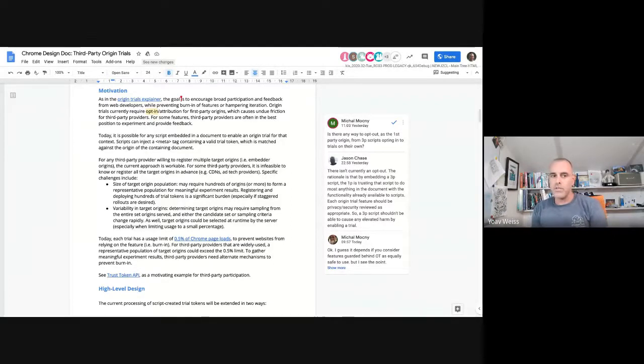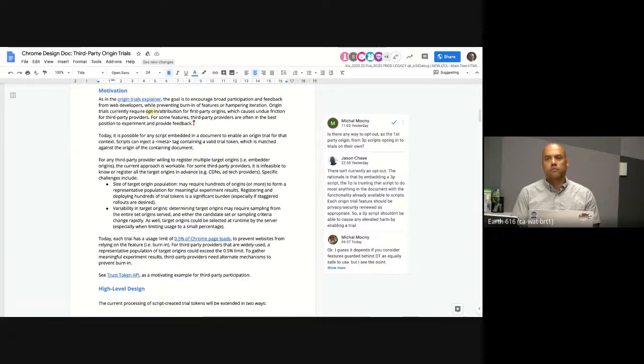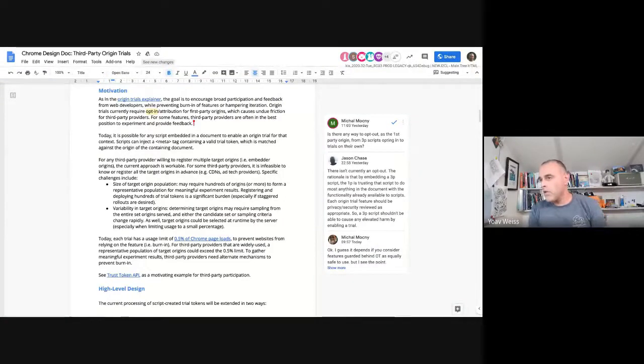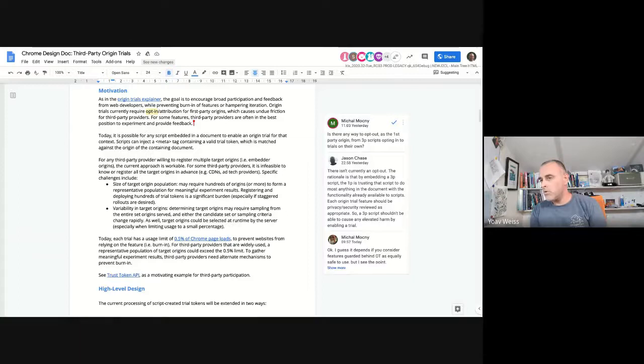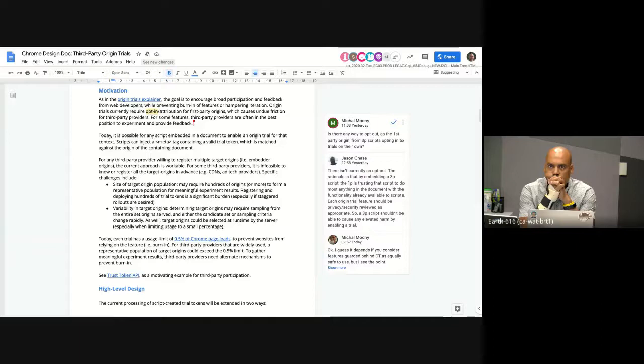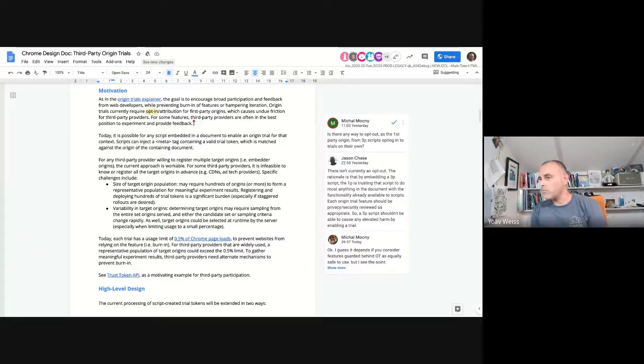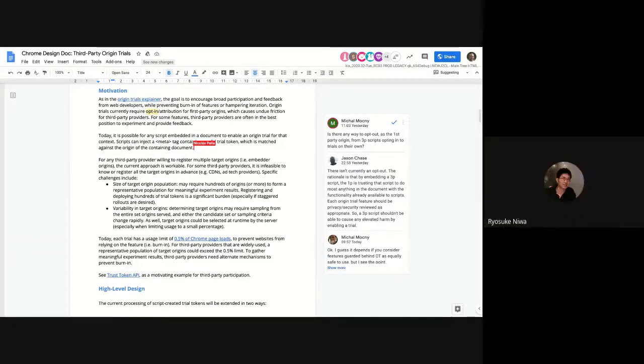But the reason I thought it would be relevant for Jason to get feedback from this group is that we had a lot of feedback from various folks here that are running third parties that the origin trial infrastructure is not something that they can use in order to test out discussed proposals. So I thought it would be relevant for that conversation to happen in the working group. Does that make sense? Yeah, sure. Okay, thanks.